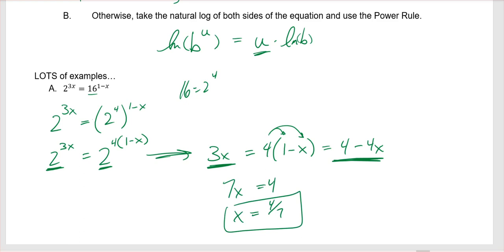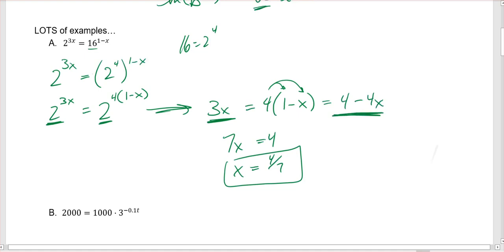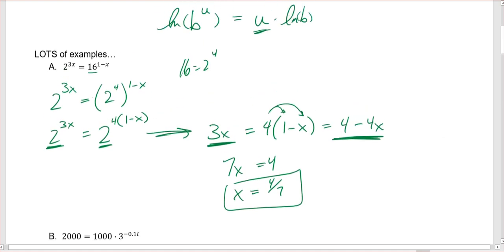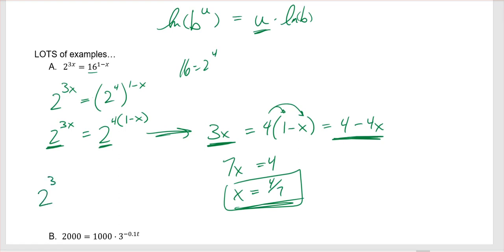And just like with other equations, we can absolutely just plug this number in there and see if it worked, right? So to check this, we would plug it in, right? 2 times 3 to the 4 sevenths. That would be 2 to the 3 times 4 is 12 sevenths. Okay, so that's the left-hand side. And then the right-hand side, we would have 16 to the 1 minus 4 sevenths.